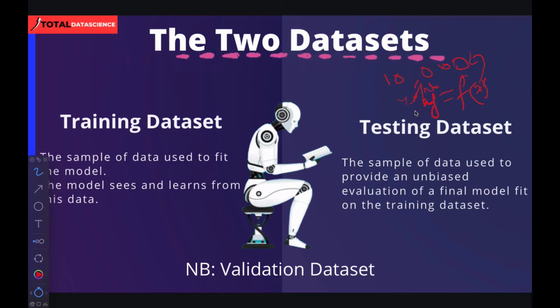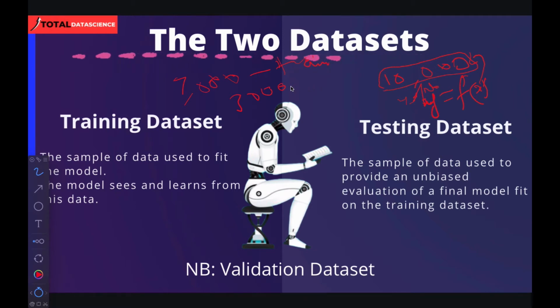When training our algorithm, we don't put all 10,000 records in for it to learn from. We divide our data set, in this case into, say, 7,000 and 3,000.